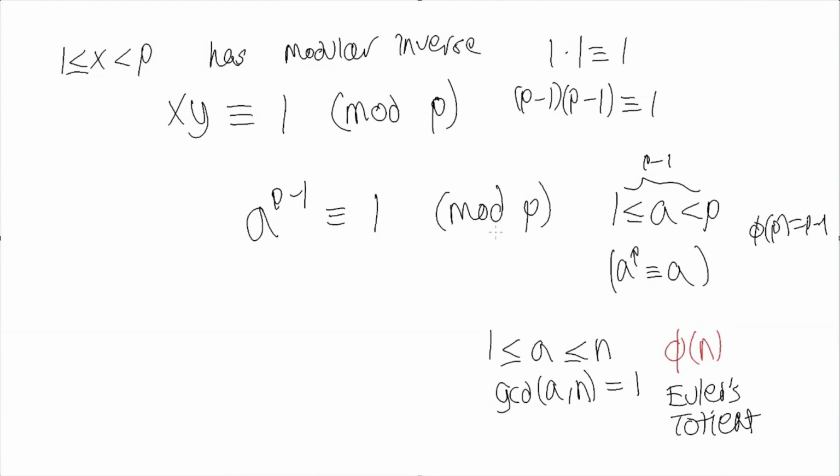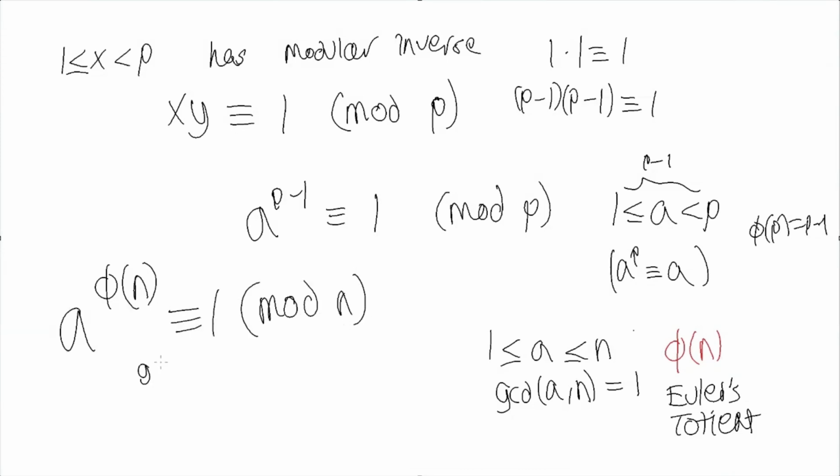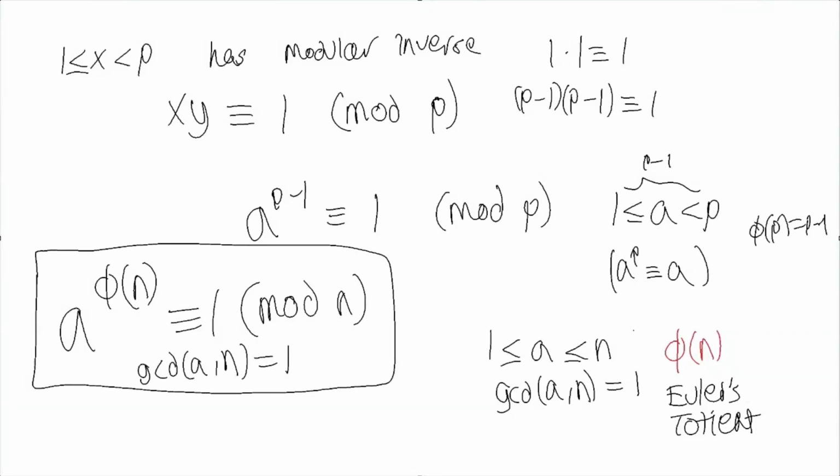As it turns out, if we generalize this from p to n, we end up getting that a to the power of phi of n is equivalent to 1 mod n, when GCD of a and n is equal to 1. So this is basically a generalized version of this result here, and it is called Euler's theorem. Very fitting because it involves the Euler-Totient function.